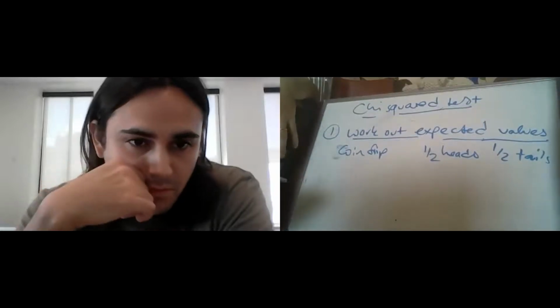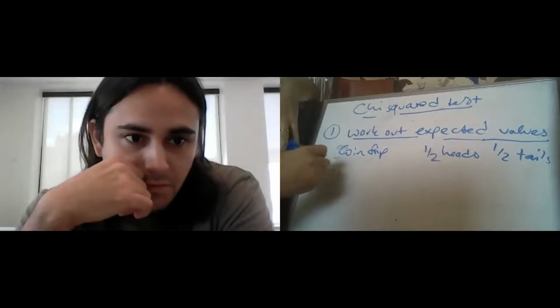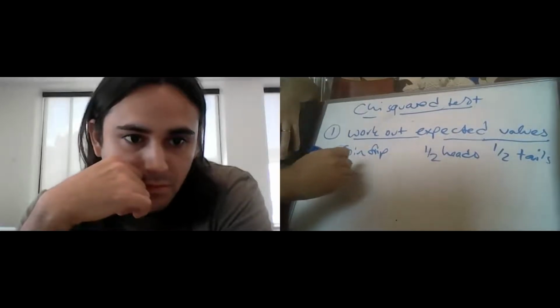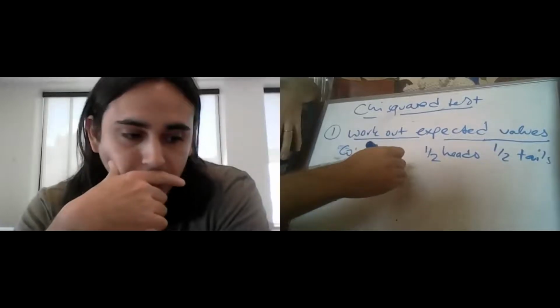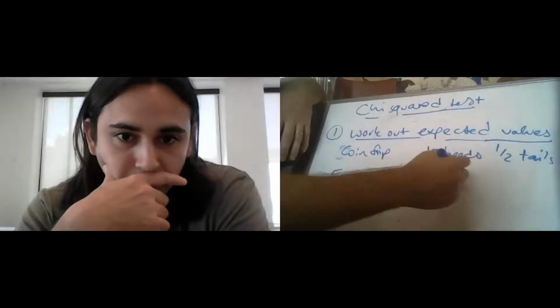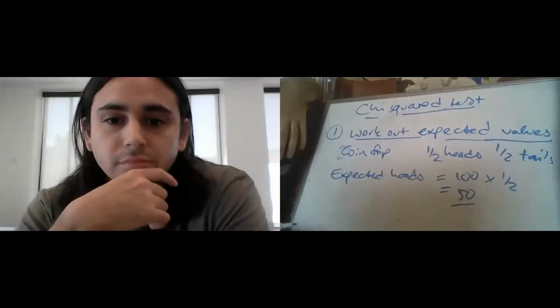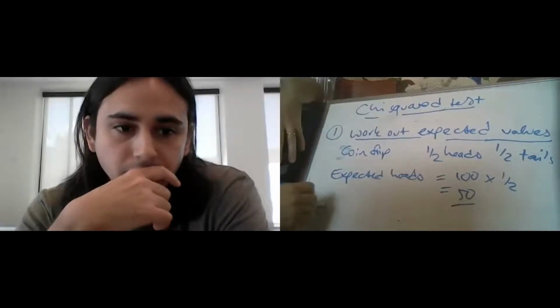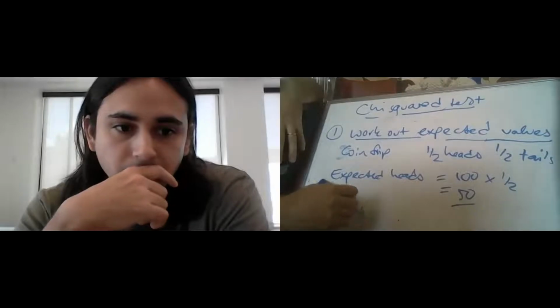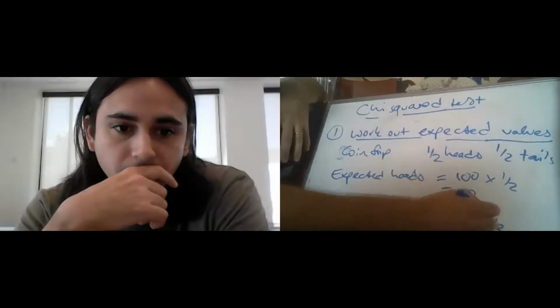So your expected values, if you flip a coin 100 times, so expected heads equals 100 times a half equals 50. Expected tails is the same, 100 times a half equals 50.